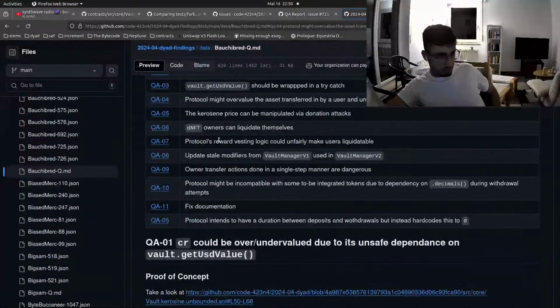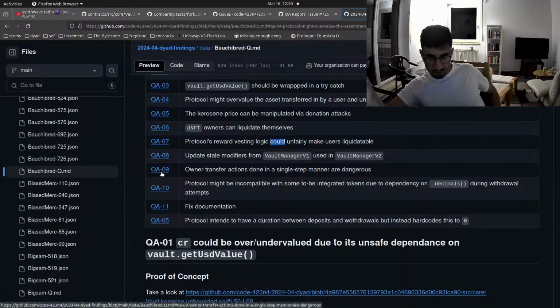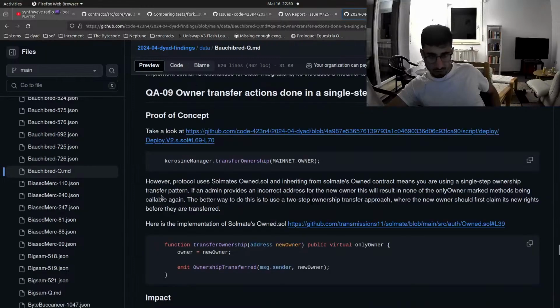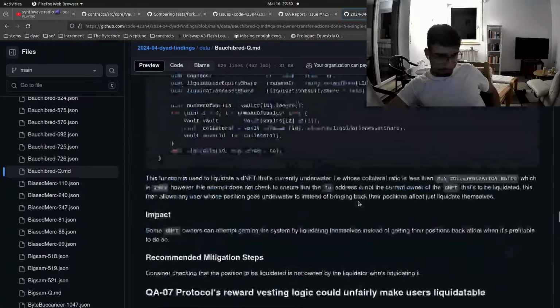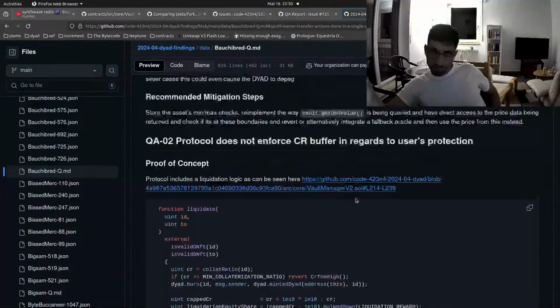This is some weird ERC20s. Owners can liquidate themselves through protocol transferring logic could unfairly make users liquidatable. Update safe from. Okay. Owner transfer actions done in a single step methods are dangerous. Oh, you want me to use the two transfer thing? Or maybe.